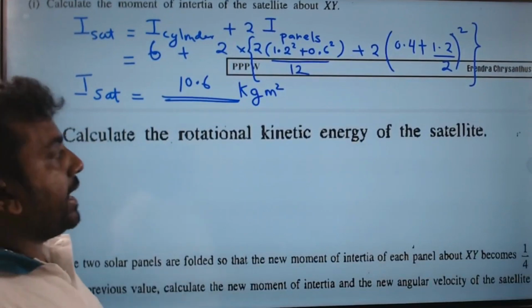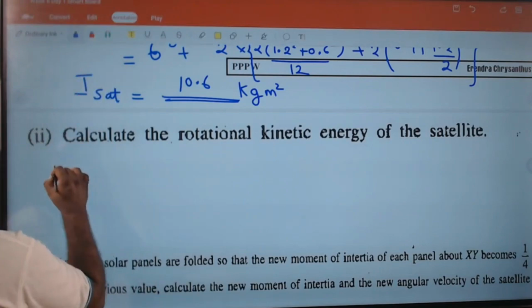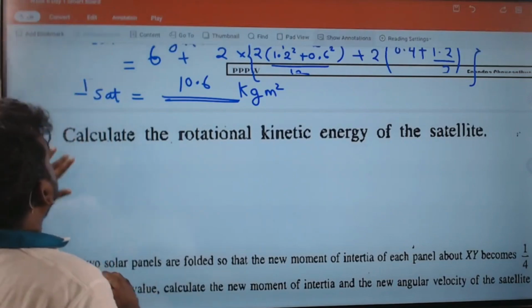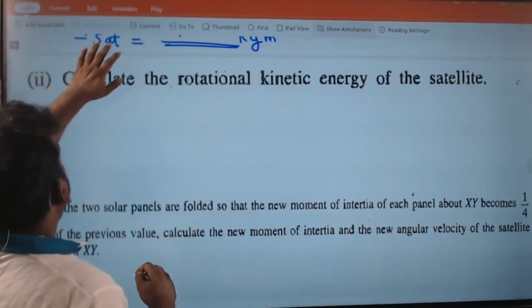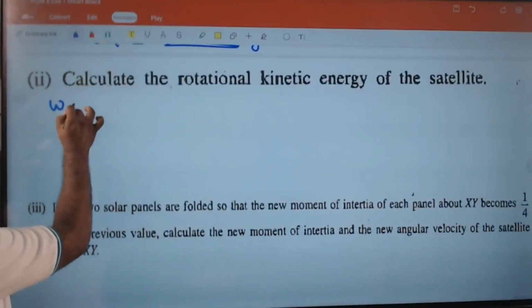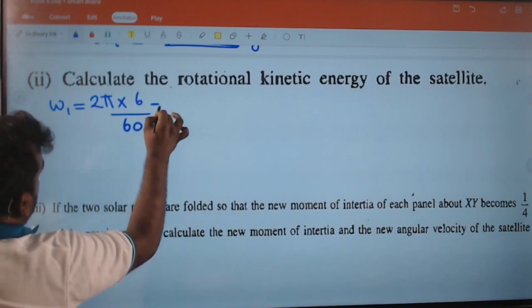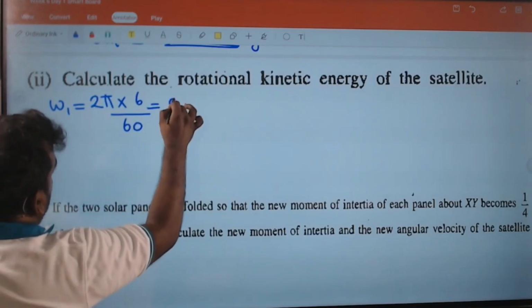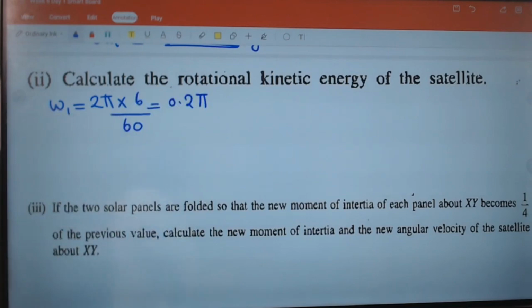Calculate the rotational kinetic energy of the satellite. So here you have 6 revolutions per minute. Omega 1 is 2 pi times 6 divided by 60, which is 0.2 pi. Simplify this.